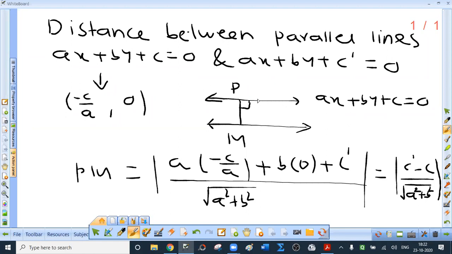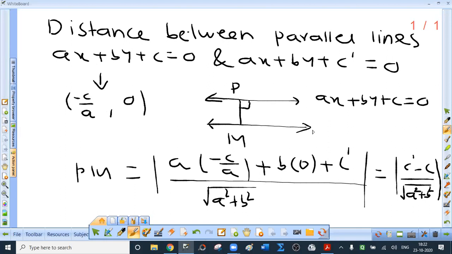Take any point on any of the two lines. Suppose I select this line. For convenience, I will put y = 0. So what is x? Minus c upon a. So (-c/a, 0) definitely lies on the first line. Now find the length of the perpendicular from this point on the other line, which is nothing but the distance between the parallel lines.